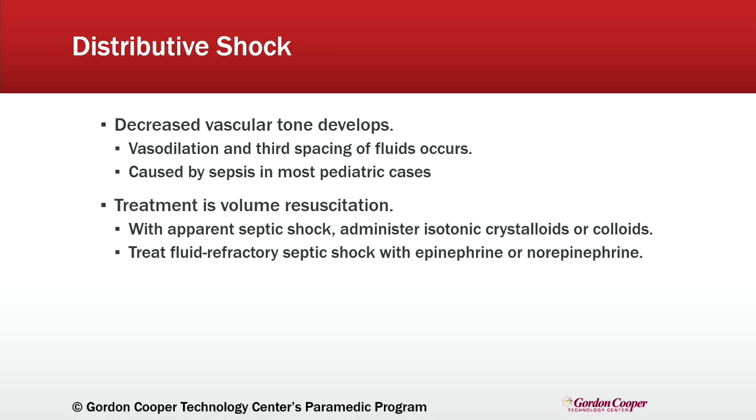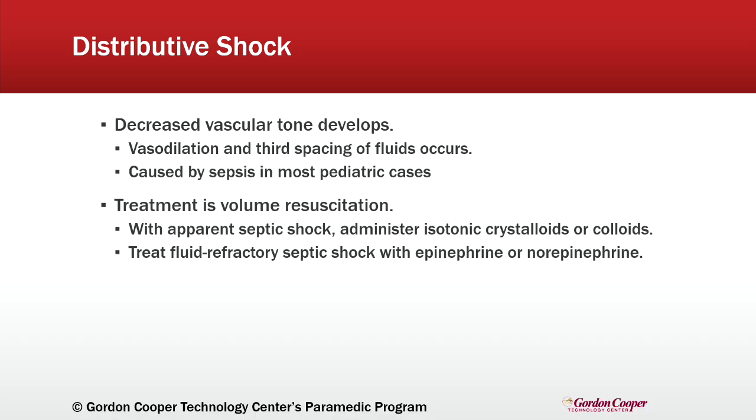The first line treatment for distributive shock, of course, is going to be volume replacement. With that vasodilation that's happened, what we need to do is offset those fluids that have accumulated. So we're going to try to fill those spaces up with some fluids. For septic shock, we're going to give isotonic crystalloids or colloids of about 10 to 20 mL per kilogram.